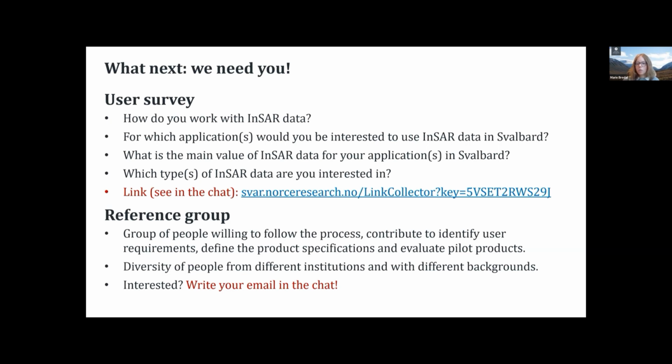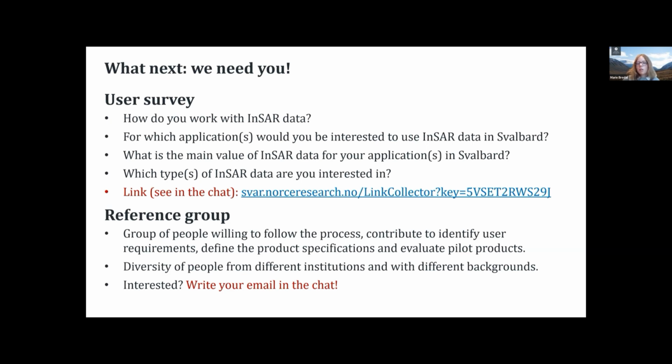For example, are you interested in detecting and identifying moving landforms? Do you want to understand the dynamics? Do you want to monitor more man-made infrastructure and structures, or do you want to use it for cross-validation to other displacement measurements?